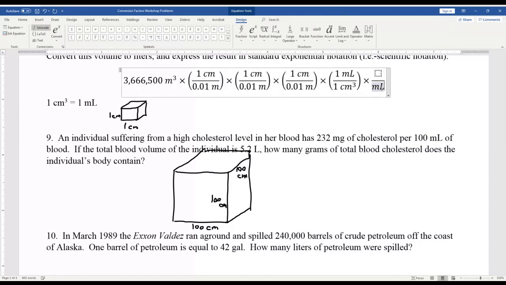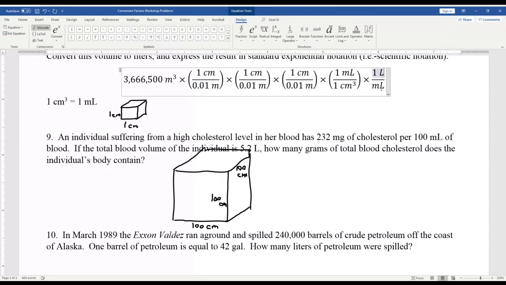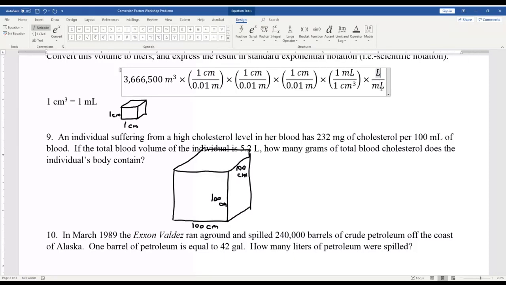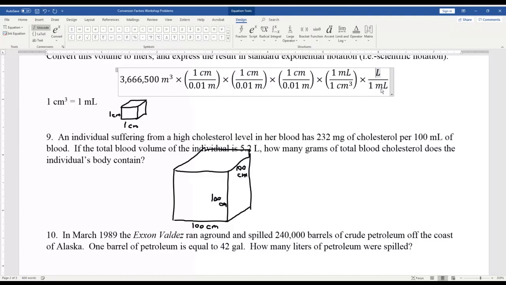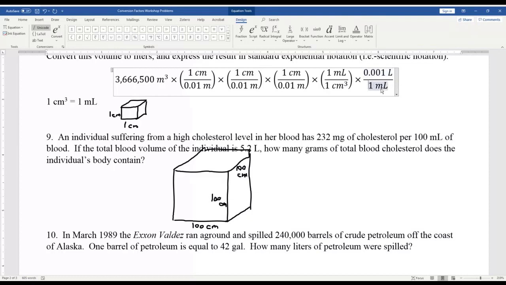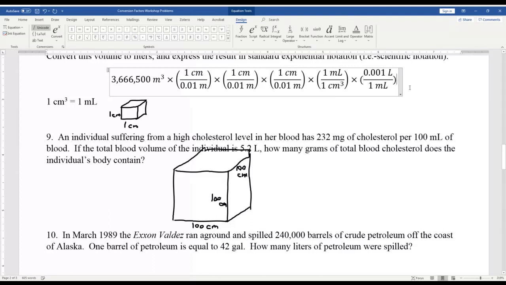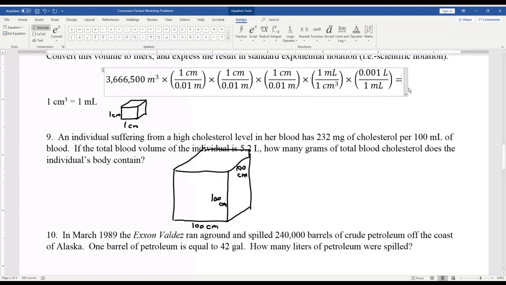I'll go milliliters to liters, and I can put 1 in front of milli, and then 0.001 in front of liters. All right, there you go. So then you just multiply everything on top and divide by the bottom, and if you do that, you're going to get an obscenely large number.